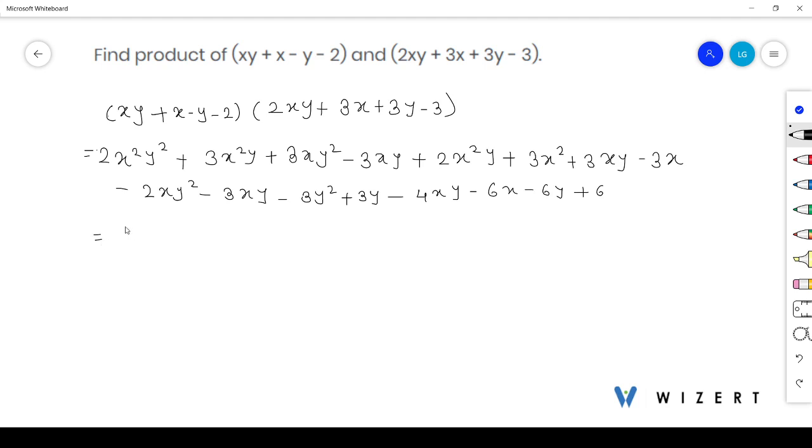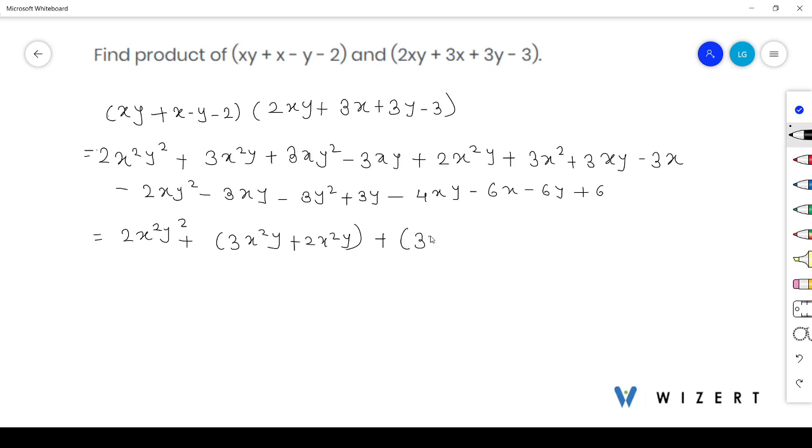So after solving this, it will be 2x square y square. Then here plus 3x square y plus 2x square y, plus check for xy square.